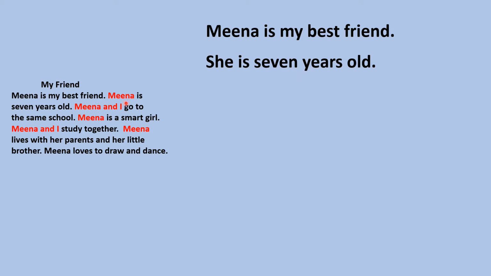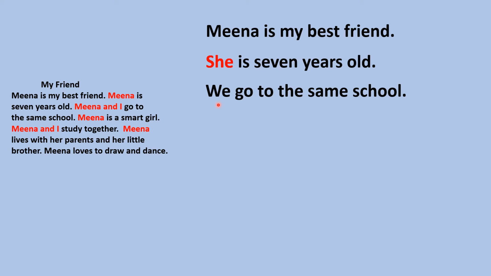Then, instead of saying Meena is 7 years old, you can use the word she. Meena is a girl, so you use the word she. She is 7 years old. The next sentence, Meena and I go to the same school.